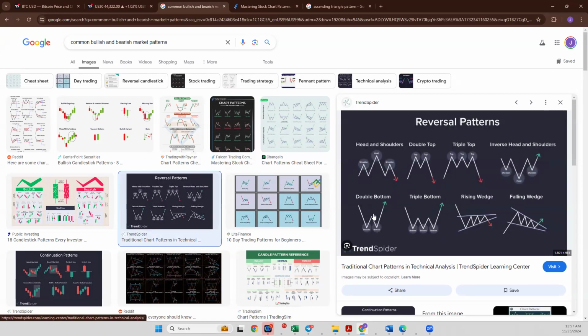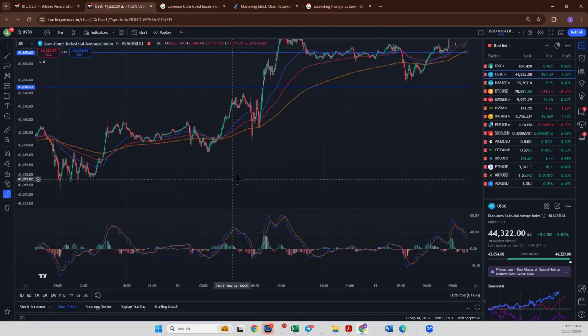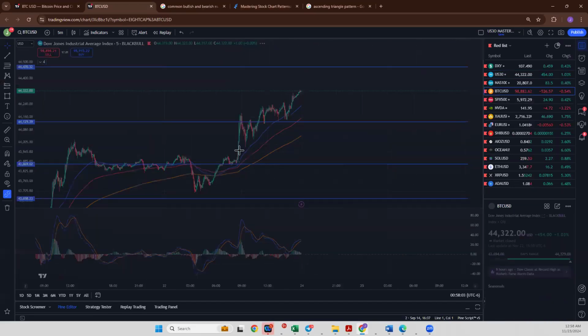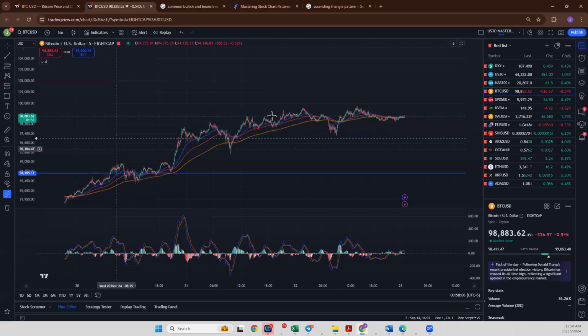So you get your head and shoulders, your inverse head and shoulders. We're going to go over your double tops, triple bottoms, double bottoms. And I'm pretty sure you know where I'm going with those. So let's look at a double top. A double top is a bearish pattern.